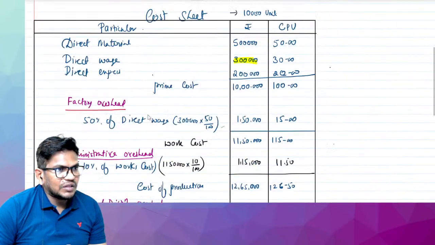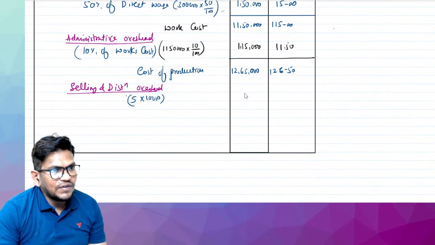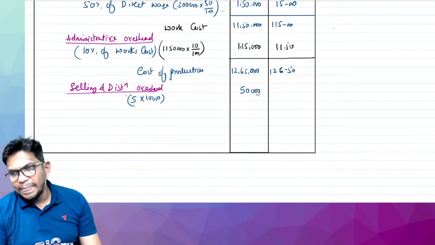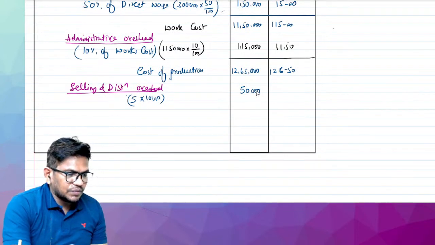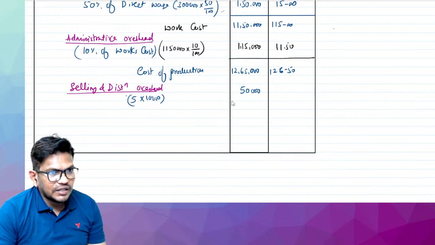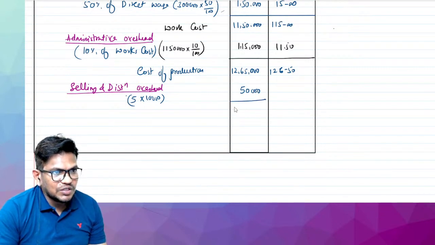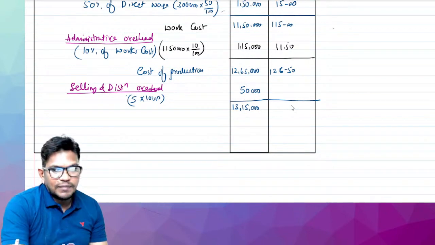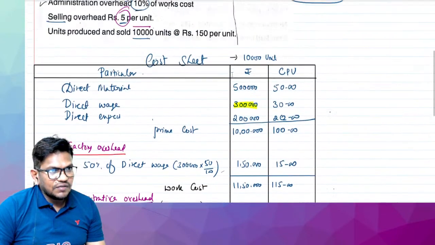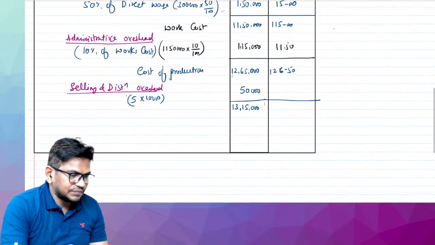That comes 50,000. ಅರ್ಥ ಆಗ್ತಾ ಇದೆ? Understood? ಎಷ್ಟಾಗುತ್ತಿದ್ದು? How much it is? Add up this 13,15,000. Okay, 50,000 divided by 10,000.